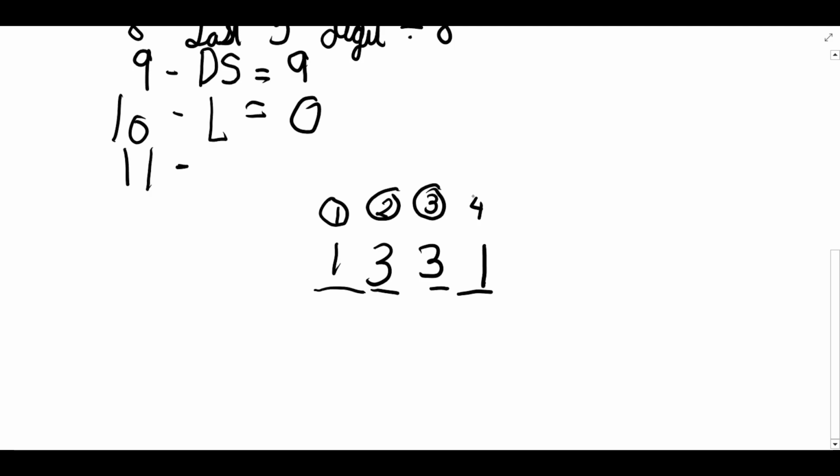Now you add the odd placed digits. So in this case odd placed digits are 1 and 3, so you add this 1 with this 3 and subtract it from 2 and 4, so this 3 and this 1. So 1 plus 3 minus 1 plus 3 gives a 0, and if you get 0 or any multiple of 11 as the difference, then it is divisible by 11.